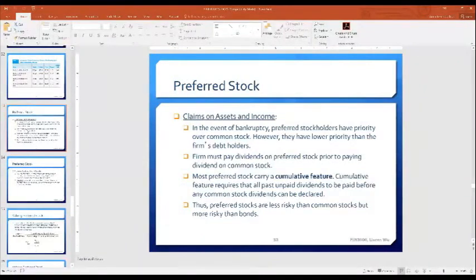Cumulative feature requires that all past unpaid dividends must be paid before any common stock dividends can be declared. Preferred stocks are less risky than common stocks but more risky than bonds. Later on, in our next topics, we will discuss bonds.